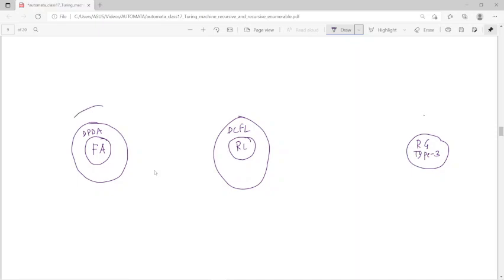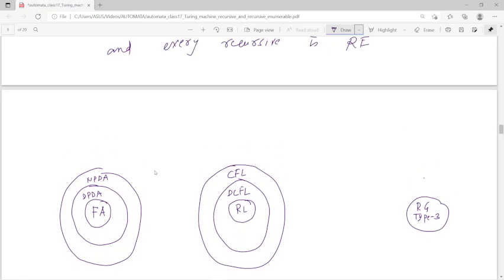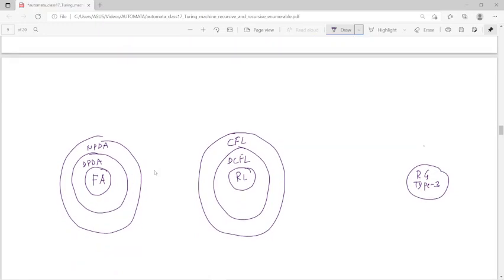I am writing this because there is also another part that is called non-deterministic PDA, and that particular part is nothing but CFL or non-deterministic CFL, and that total part is generated by the grammar that is called CFG or type 2 grammar, right?